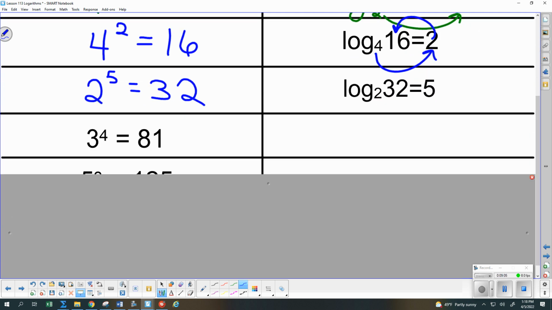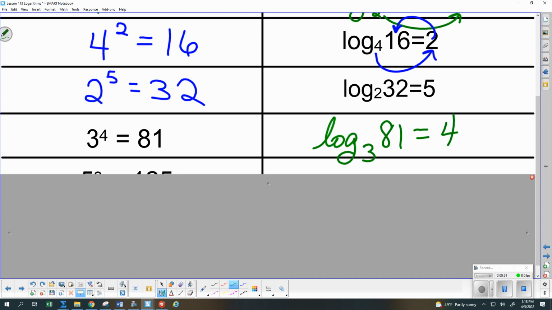Okay, let's go the other way this time. Elias, what would you do with this one? Log base of three to the fourth is 81. Thumbs up, thumbs down.